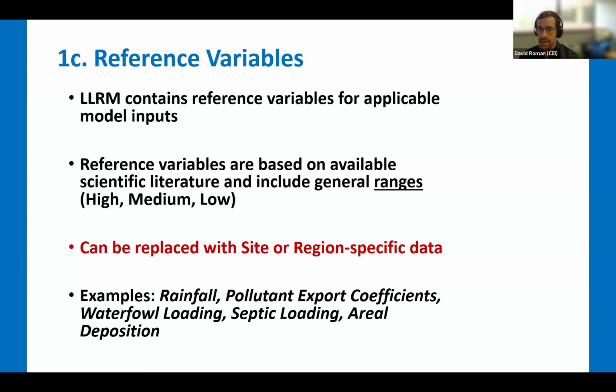And these can be replaced with anything, so like we've used in Massachusetts and New Hampshire some of the 2016 MS4 pollutant load export rates, for example. So it's very modifiable, but it does help you kind of get to the answer fairly quickly. For example, with like waterfowl loading, you can see there's some estimates of how many kilograms per year an individual bird could export.